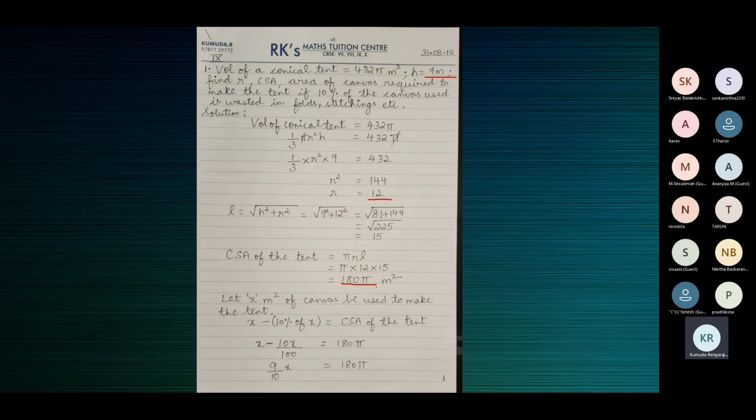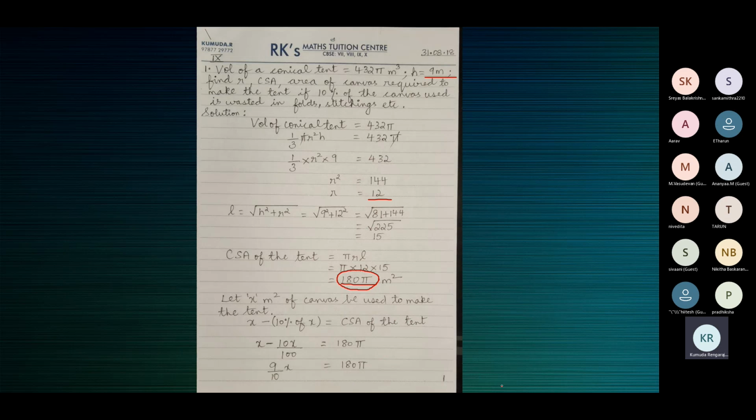If you want a conical tent of radius 12 and height 9 meters, then the area of canvas required is 180 pi. We know that canvas is used only to make the CSA and not the floor of the tent. So this 180 pi must be there.